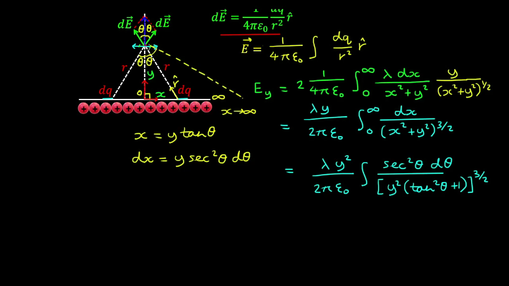So theta gets shallower and shallower and approaches pi on 2. So have a think about this. So therefore we integrate from 0 to pi on 2 when we're integrating with respect to theta. So let's keep simplifying this integral.